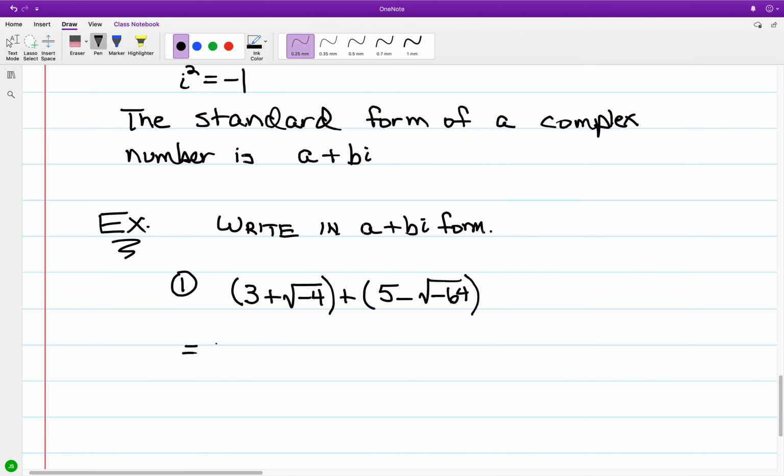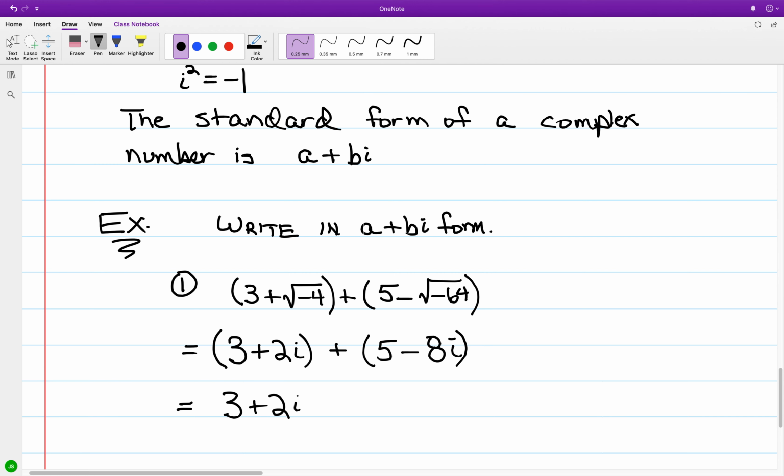Let's translate out the square roots of -4 and -64. In the rewrite, we're going to have 3 plus 2i quantity, and for 5 minus the square root of -64, we have 5 minus 8i. And removing the parentheses, we have 3 plus 2i plus 5 minus 8i.